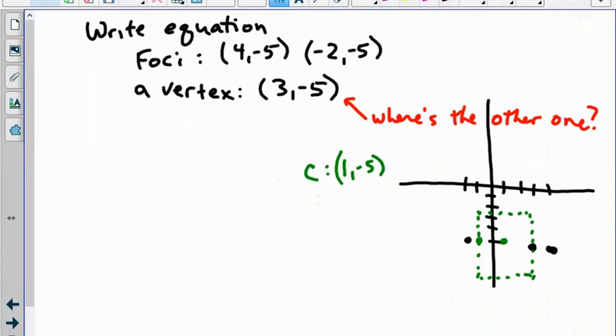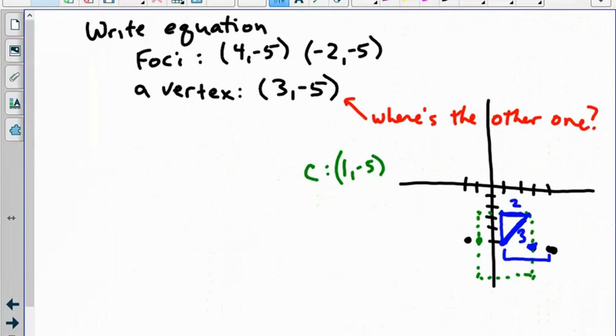And so then after we do that, we need to recognize that this distance c is going to be the same as this distance c. Our distance to the focus is 3. This distance here is obviously the same as the distance from the center to the vertex, and that distance is 2.